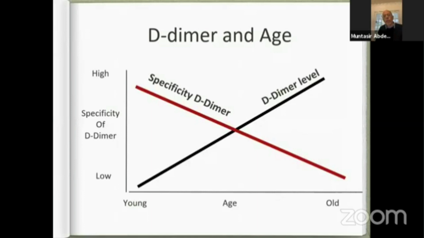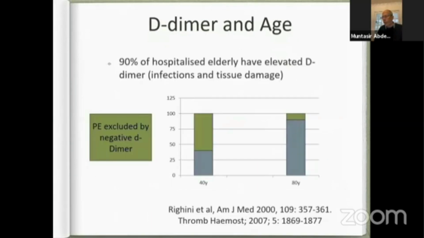Can we go to the next slide, please? In this study, you can see that if we use the D-dimer in old age, in the patients who are 80 years old, the gray part of the bar is the number of patients with positive D-dimer but no PE.